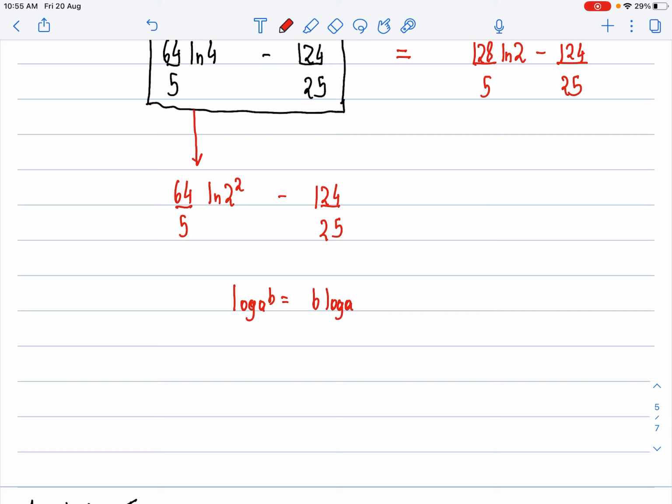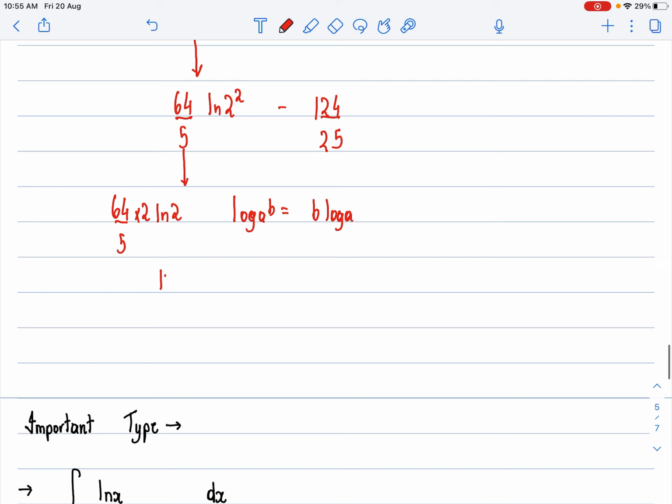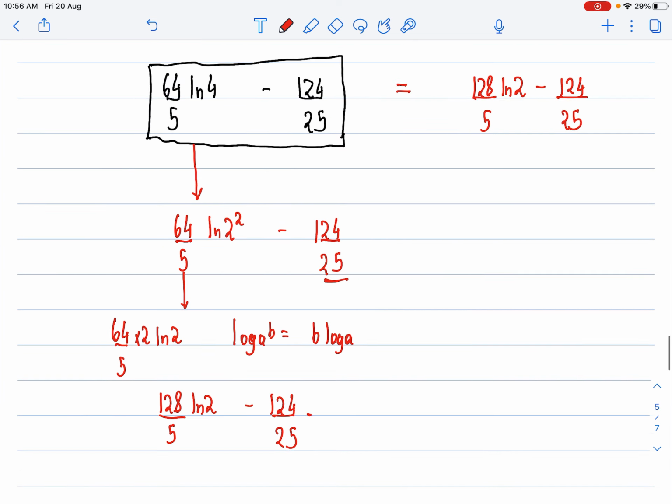So using this property, I can write this as 64 over 5 multiplied by 2 ln 2, which can be written as 128 over 5 ln 2 with minus 124 over 25. Correct? This is basically how it's written in the mark scheme.